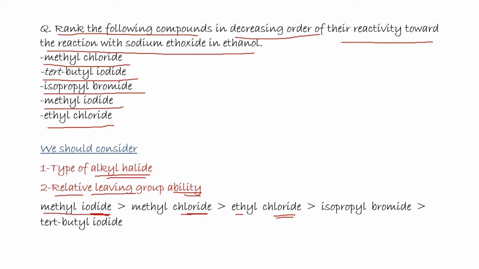Here is isopropyl, much bulkier, a secondary alkyl halide, bromide. And then we come to the tertiary butyl, which is tertiary, even though it's iodide, because of the steric effect, okay, this will be the least to react.